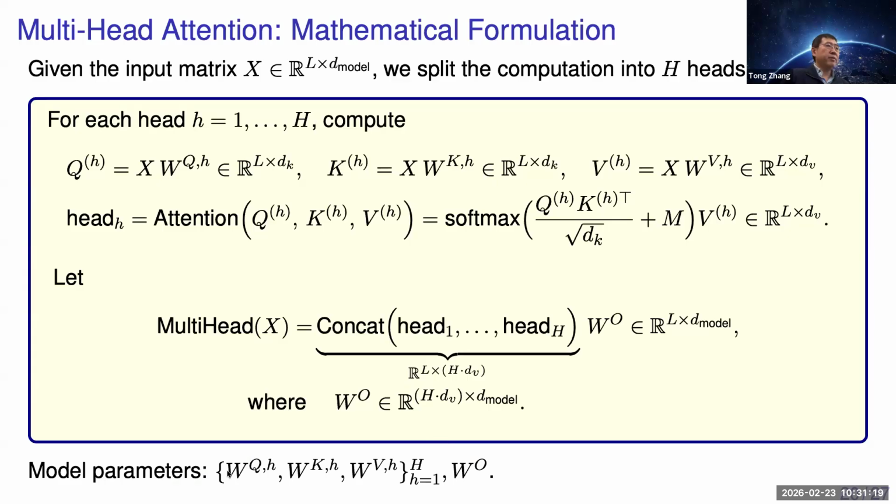For the model parameters, you have Q, K, and V. Those are projection matrices, and then you have H of those, so that's 3H matrices plus one output matrix. That basically forms all of it, and it is all linear algebra, just matrix multiplication, and that's all you need for the attention.